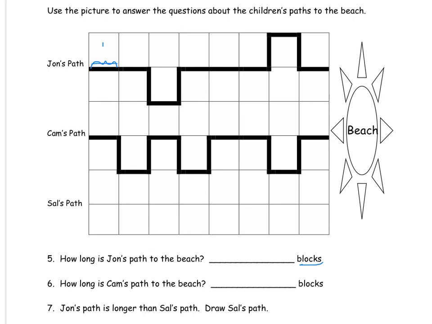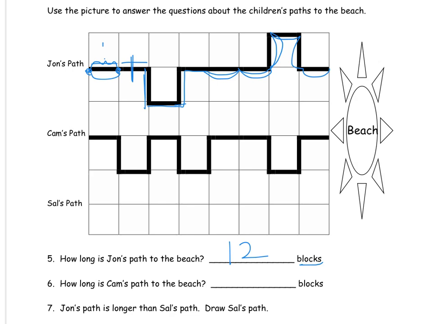So if I have 1, 2, 3, 4, 5, 6, 7, 8, 9, 10, 11, 12, it's 12 blocks. And you could do this a number of ways. You could count the way I did, and you'll see I did a couple different ones in here. I can bracket it off. I can put lines to count, like I did, or I can do jumps. Just knowing that I'm hitting one endpoint here to the next endpoint to signify 1. That's 1 block or 1 of our units.